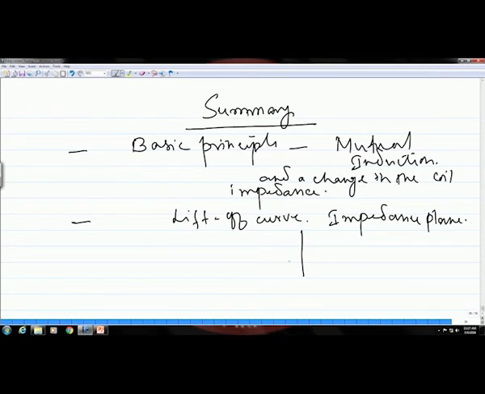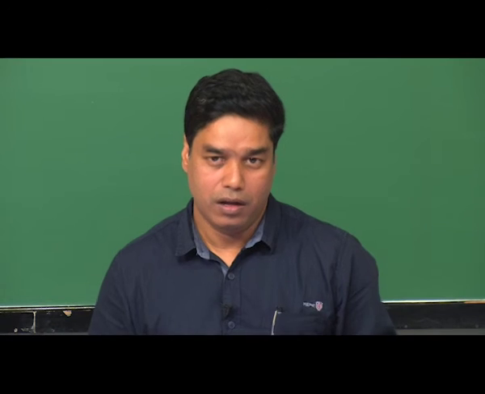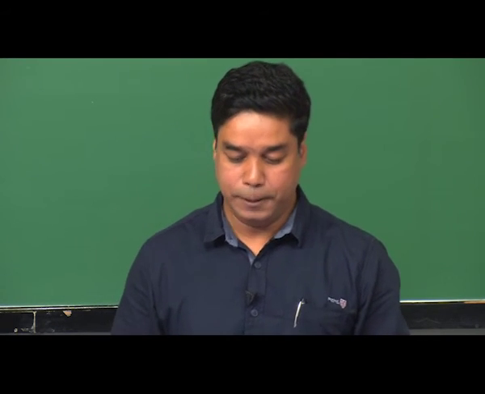So, this impedance plane, as I said, which comprises of the inductive reactance X L and R, is what we always refer to, and you see the lift off curve. Okay, and then we saw that if there is any defect that is going to come over this lift off curve as a spike, as a signal spike like that, and that is how the presence of defects and flaws will be indicated by this technique.